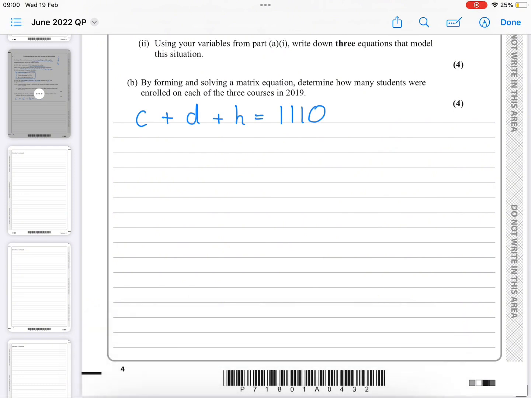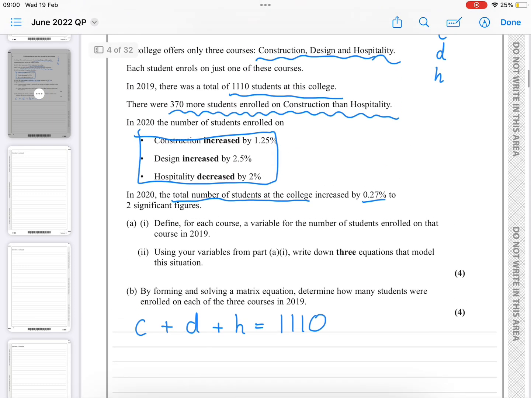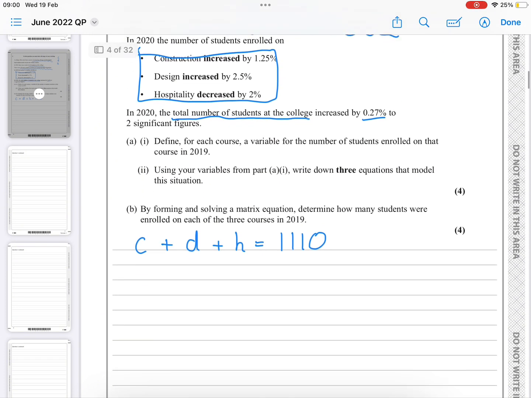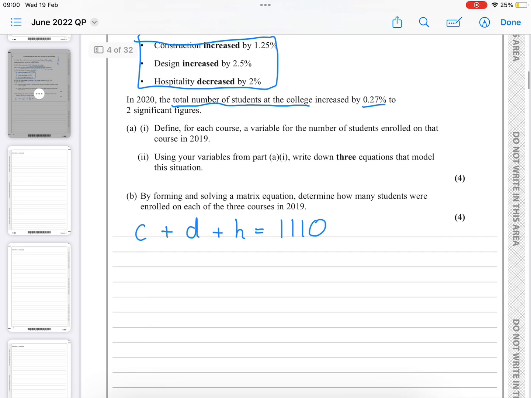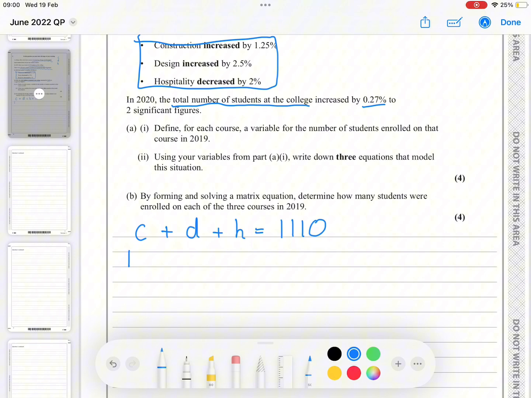And for our next equation, we will write down the scenario from 2020 using the percentage multipliers. So that tells us that we have 1.0125 C, and I'm using decimal multipliers given by these percentage changes.